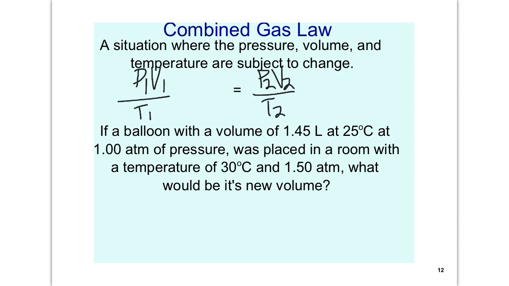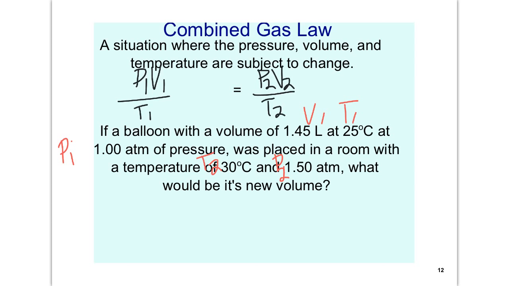So in this example problem down below, if a balloon with a volume of 1.45 liters at 25 degrees Celsius at 1 atm of pressure, I know it's a lot of things, but we follow our units, and we have a volume, we have a temperature, and we have a pressure, was placed in a room with another temperature and another pressure, what would be its new volume?